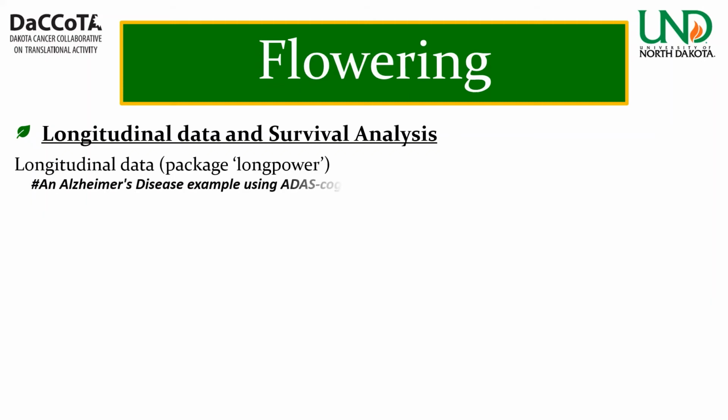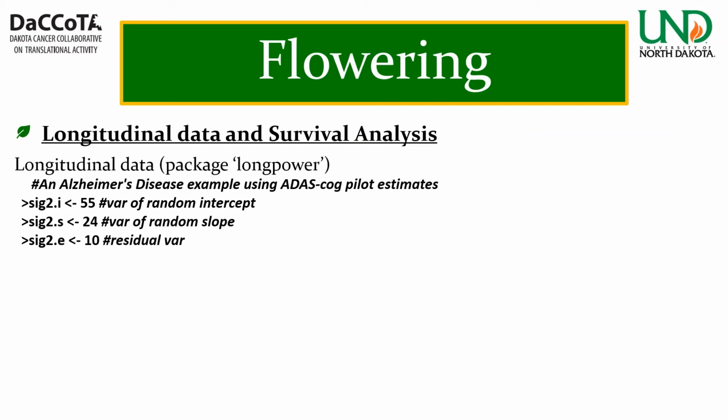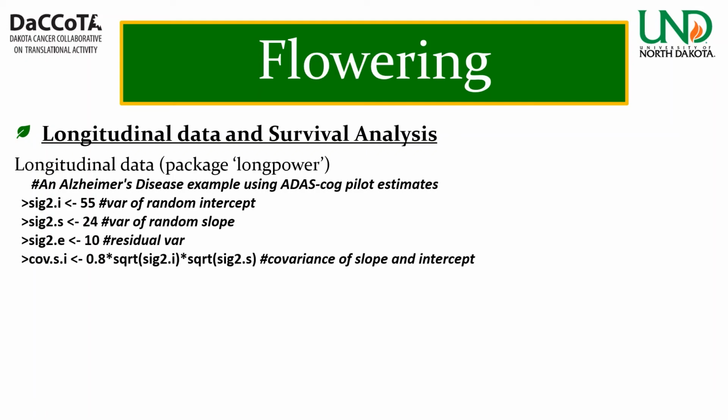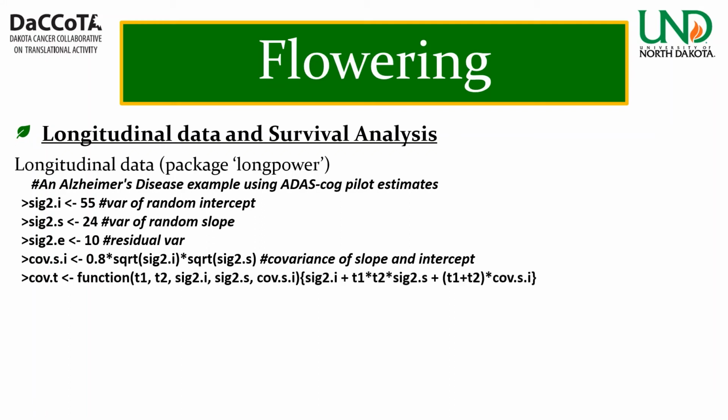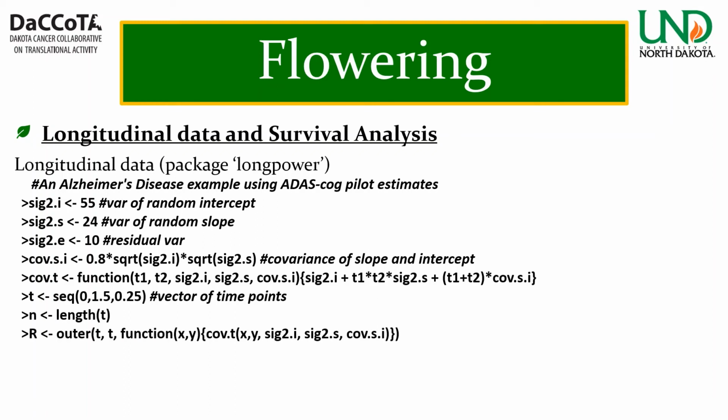Here is a more specific example on Alzheimer's that builds all the coefficients. The variances are set here, so random intercept, random slope, residual variance, we've seen this before, but more just building out as objects, covariance, and then we're going to get this cov t, a function that enters these variances, etc. T is our vector of time points, n is our length of t, and then we're going to make these marginal model working correlation matrix, taking in values and using from the function above.